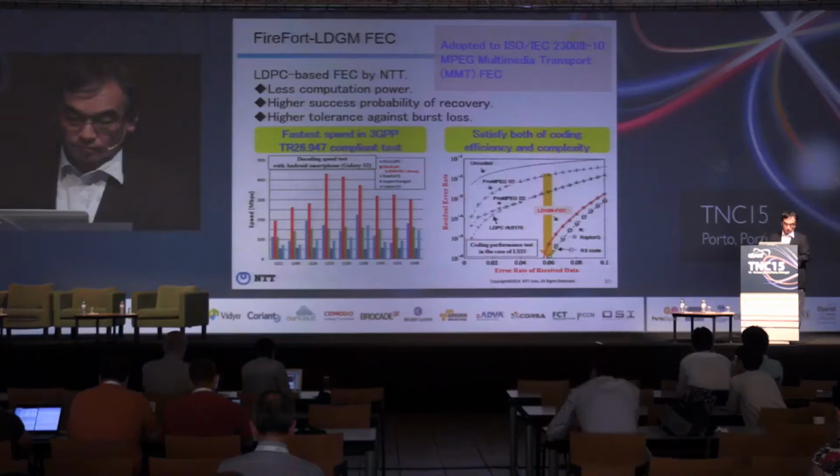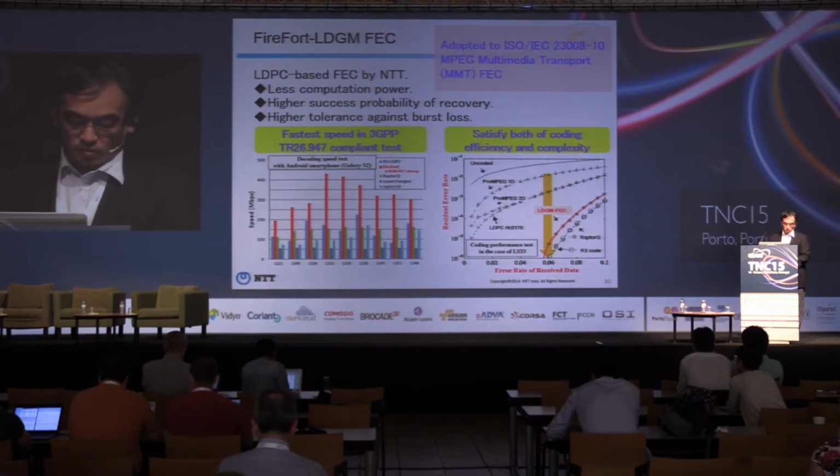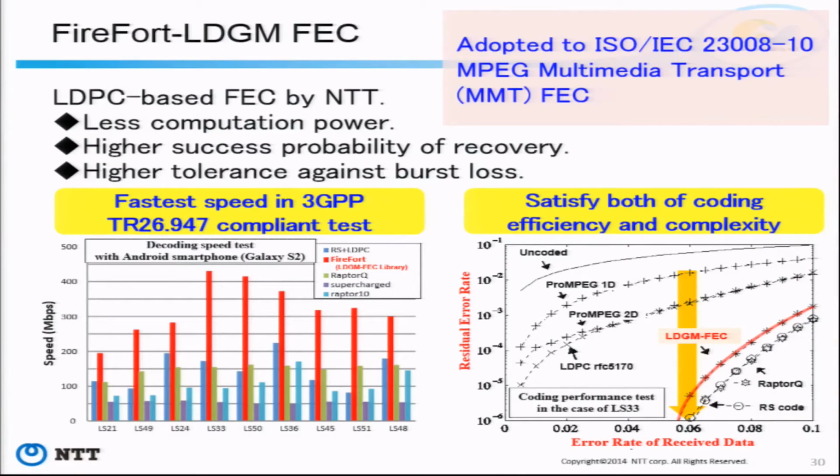There are so many FEC algorithms studied all around the world, past and now. They have different characteristics on calculation cost or how efficiently the lost packet can be reproduced. Fire Photo LDGM FEC is NTT's original algorithm, featured by low computation power required to encode and decode, and high probability of successful reproduction.